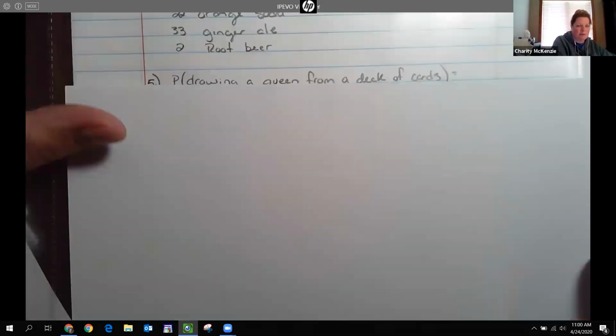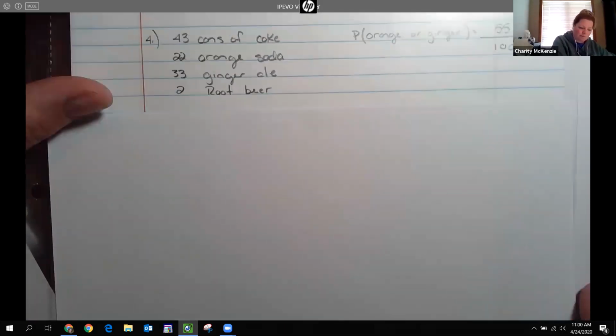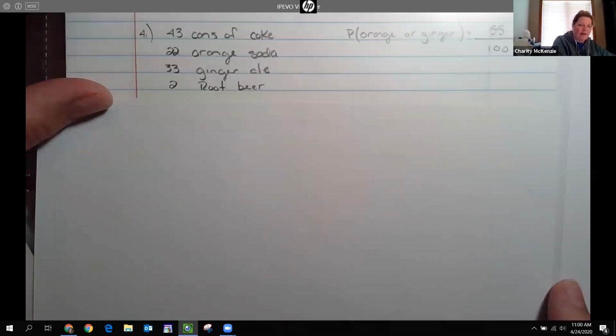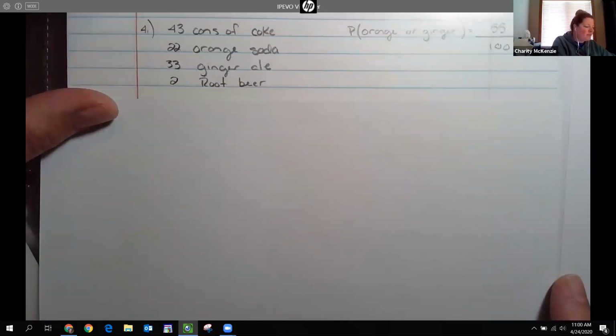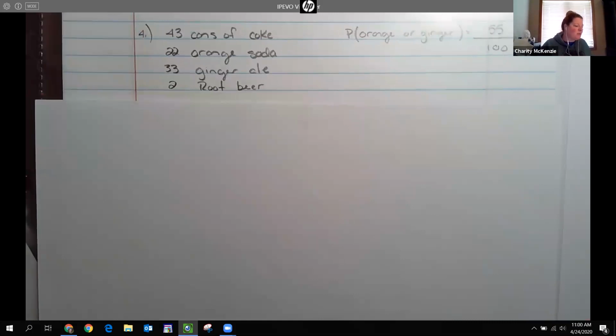Okay, let's look at what if I have 43 cans of Coke, 22 orange sodas, 33 ginger ales, and 2 root beers in my fridge? That's a lot of soda. I don't even drink soda.